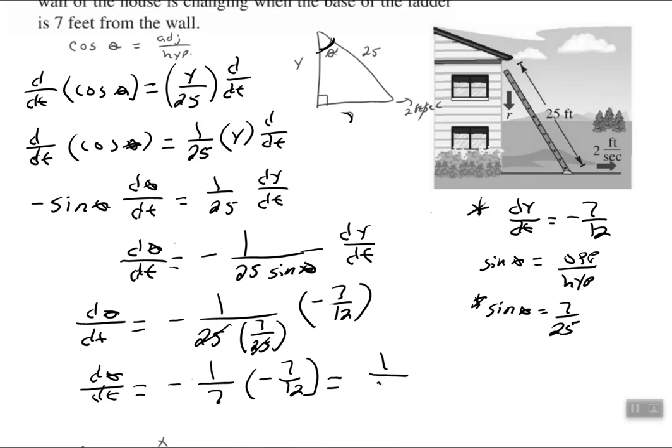So now I have 1/12. So the rate of change of that angle is 1/12 radians per second. All right, so again, we use trig to help us find the rate of change for that angle.